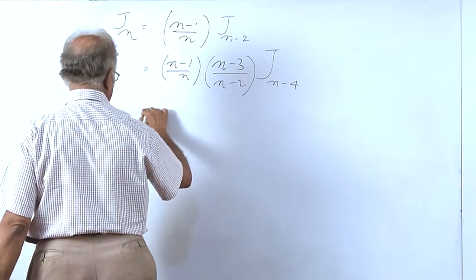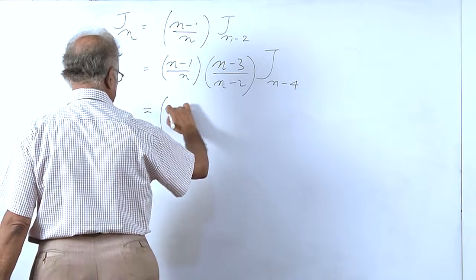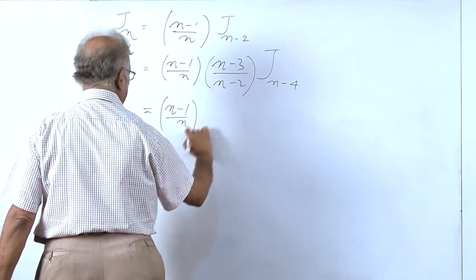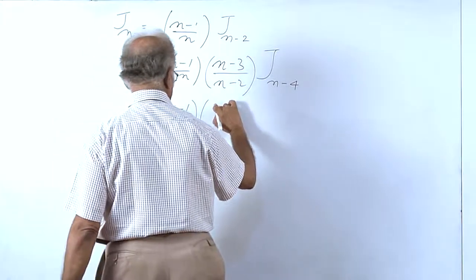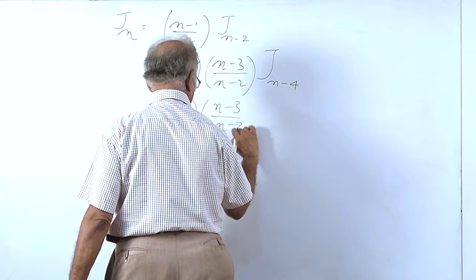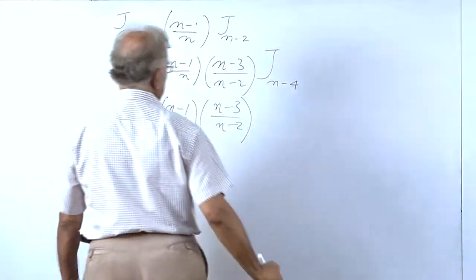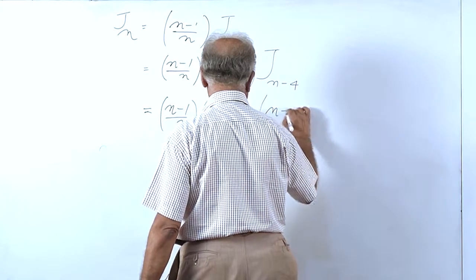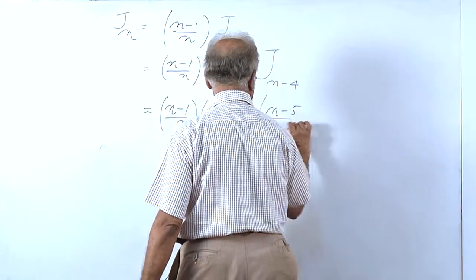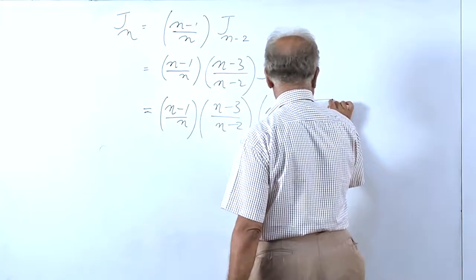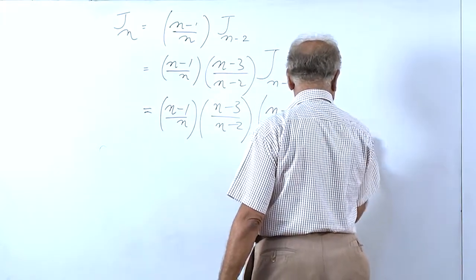This is nothing but n minus 1 by n times n minus 3 by n minus 2. It is easy to see that the next term will be n minus 5 by n minus 4 J of n minus 6.